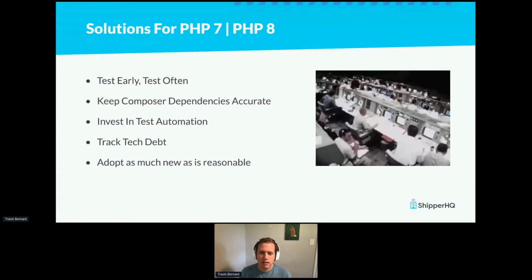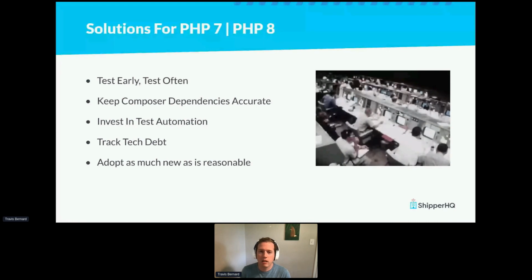And then the other thing to remember, like we said, is that at least in our business use case, we still have to support PHP 7.3. So we're trying to adopt as much of PHP 8 syntax and new features as we can. But at the same time, we're not going to rewrite code that's worked for 5 years. We're not going to rewrite code that doesn't have an issue in it and is doing just fine.